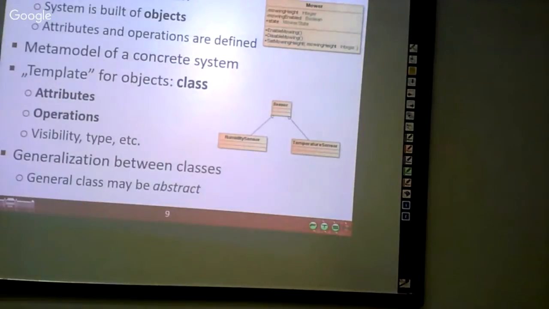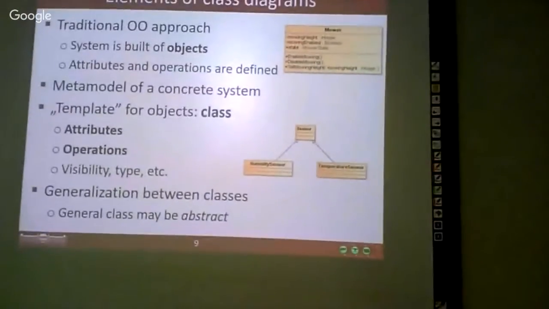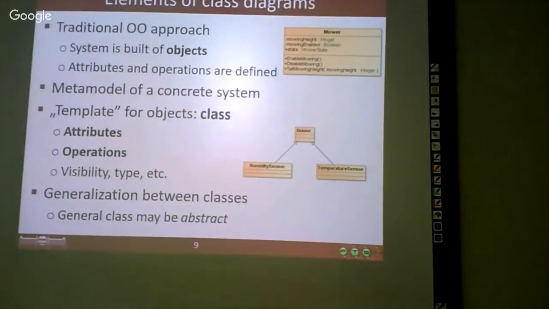And it provides also the attributes, operations, and we will see the visibility and types and so on. And in traditional object-oriented approaches, you try to express some kind of topology between your objects, and this can be defined, for example, by using generalization, and we can also define abstract classes.